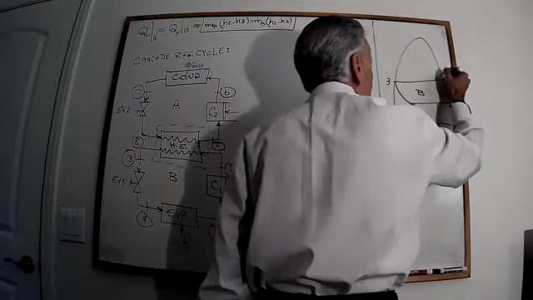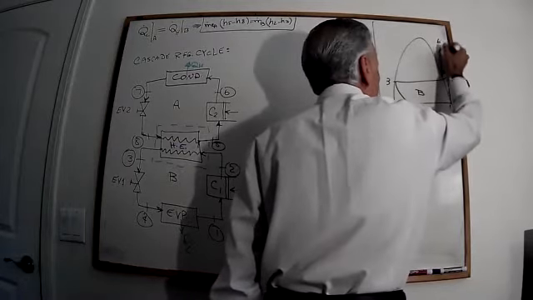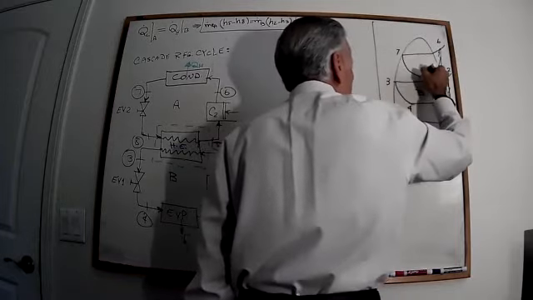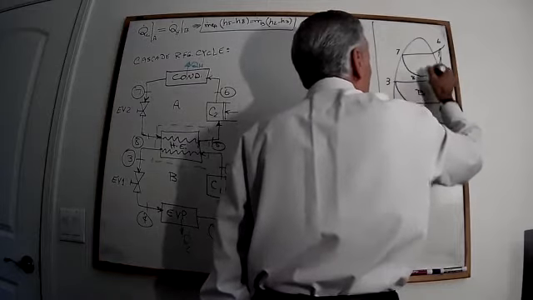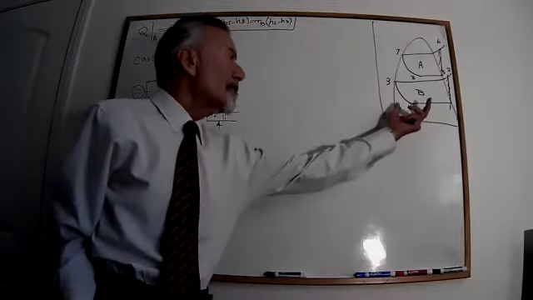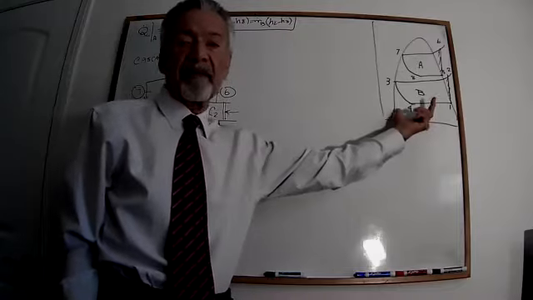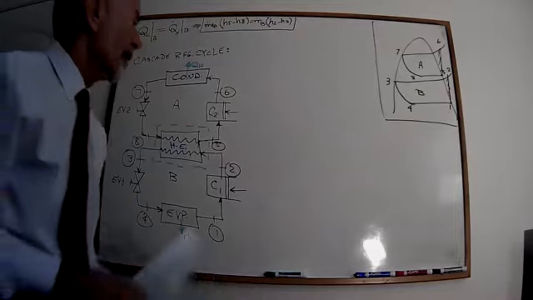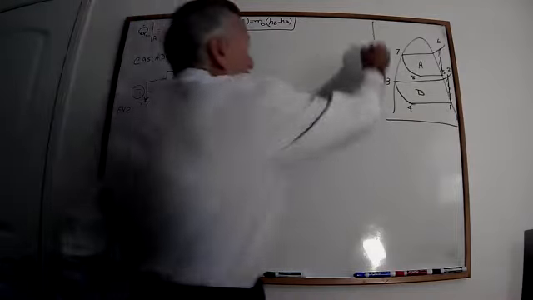Here, we start at 5, going up to 6 isentropically, then 7, that's 8, and going back to 5. As you can see, it's very simple. You put both of those cycles together on one TS diagram. Nothing too sophisticated, nothing complicated. So that would be the TS diagram.